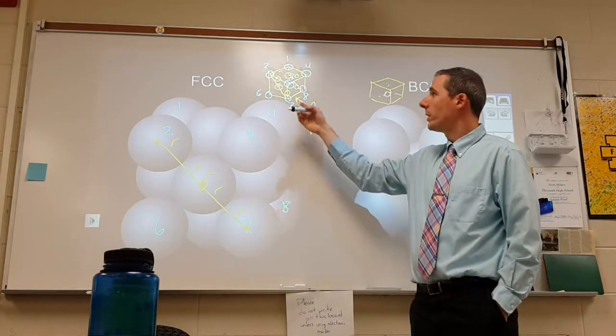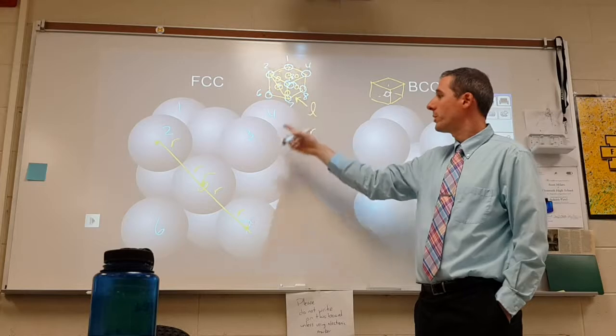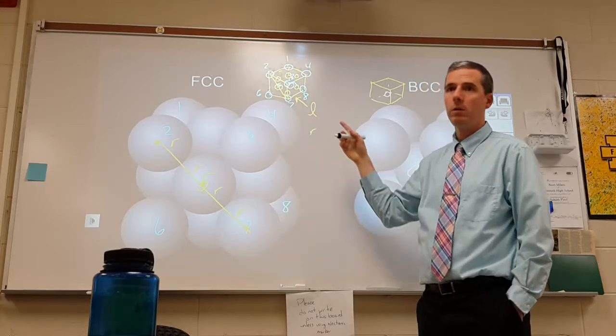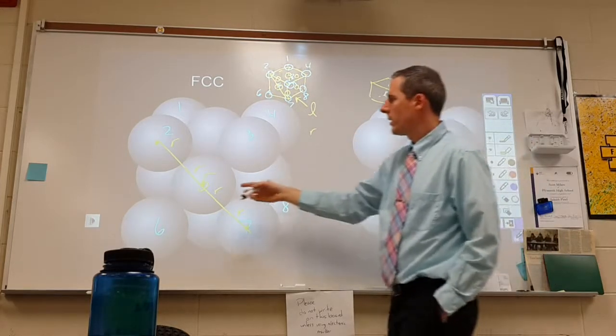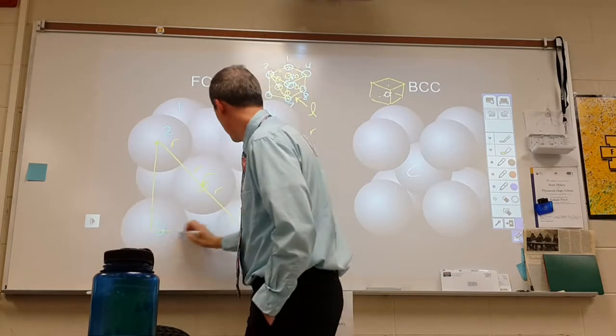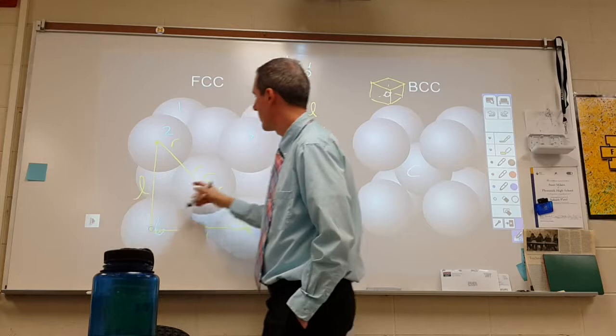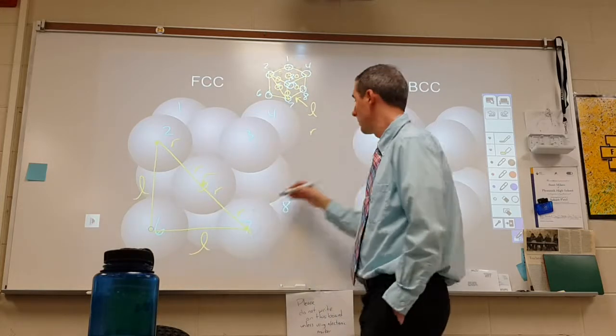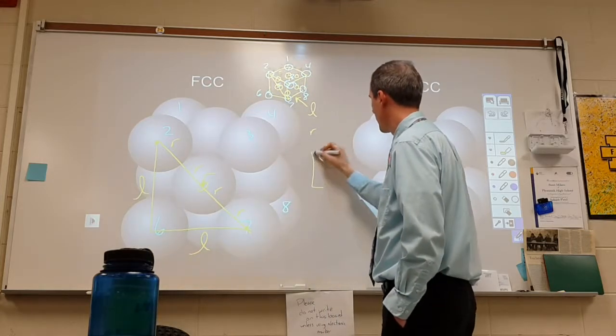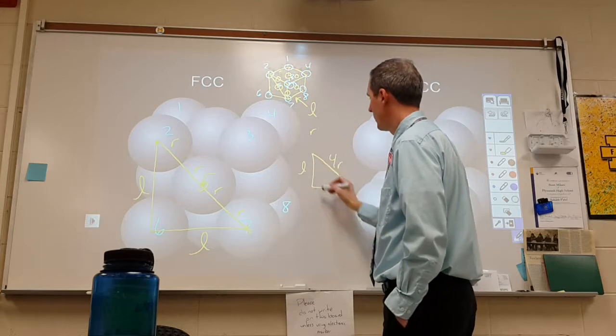And from trig, we can figure out the relationship between R and L. So if I draw this triangle here, this is the length of your cube, this is the length of your cube, and this is 4R. So we have a right triangle that goes like this: 4R, L, and L.